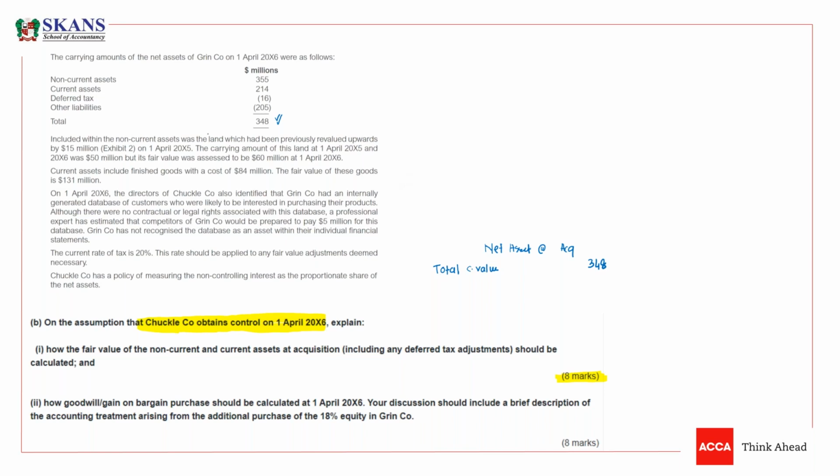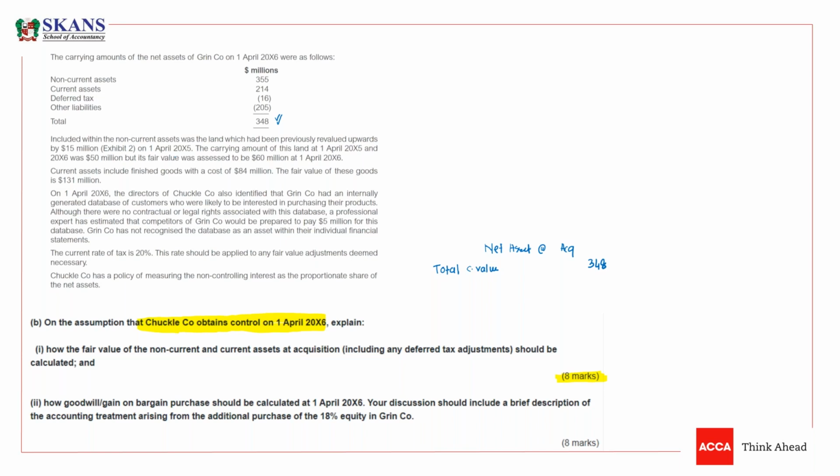Included within non-current assets was the land which had been previously revalued upward by 15 million, the same land previously revalued on 1st April X5. The carrying amount of this land on 1st April X6 was 50 million, but the fair value was assessed to be 60 million at 1st April X6.